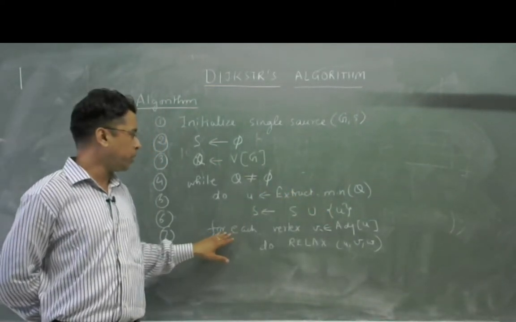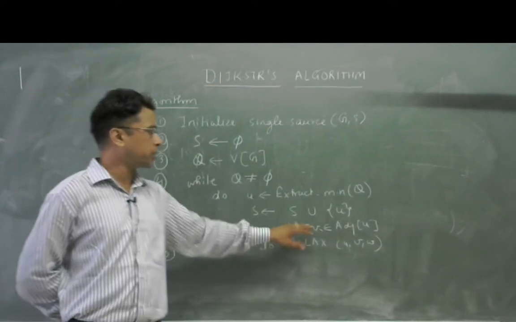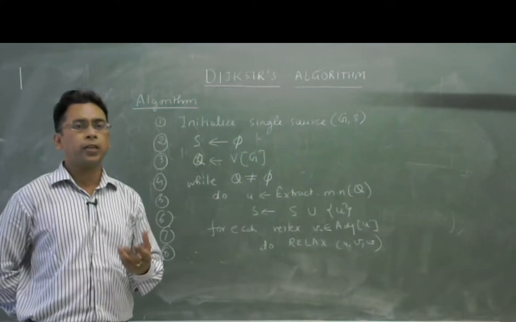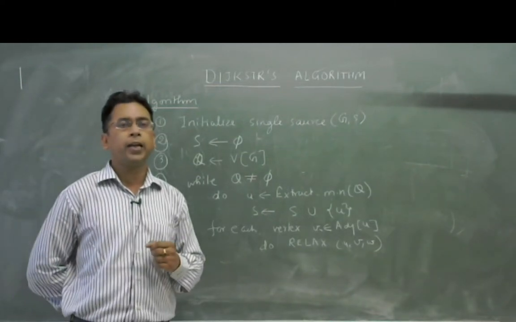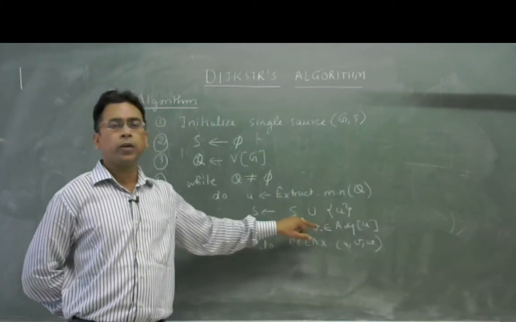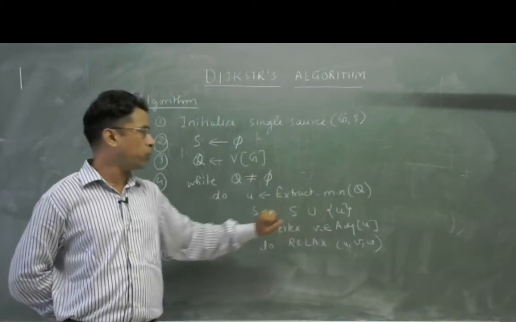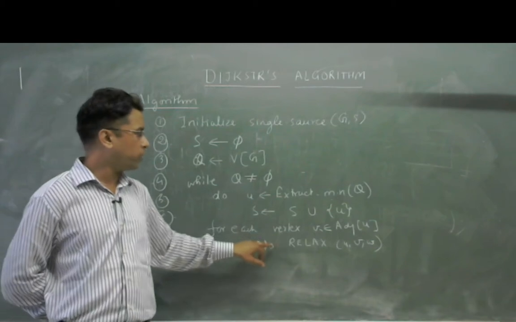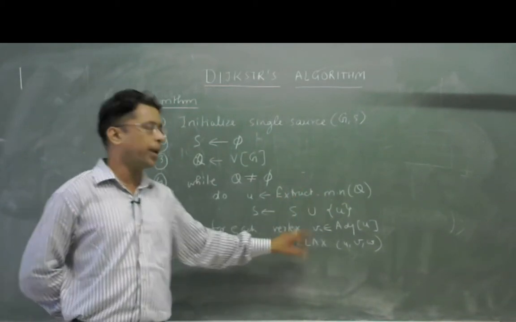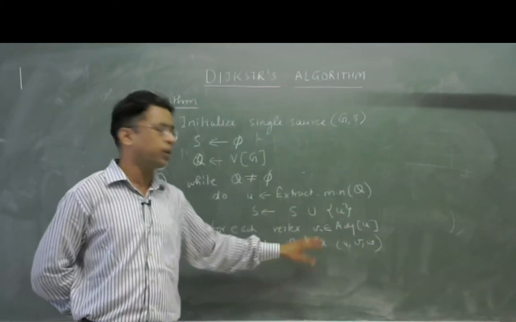When we select a vertex U, then for every vertex V that is adjacent to U, we run a function relax.